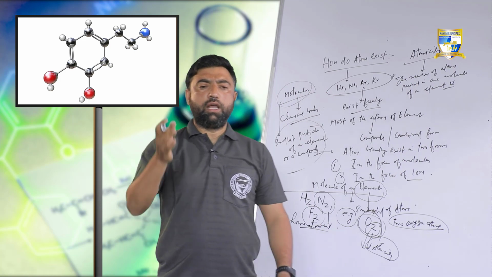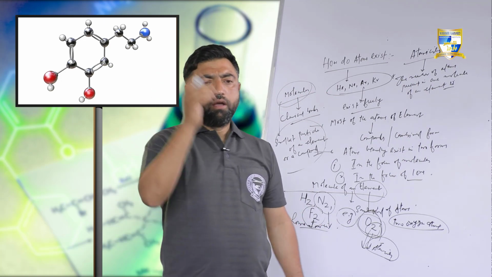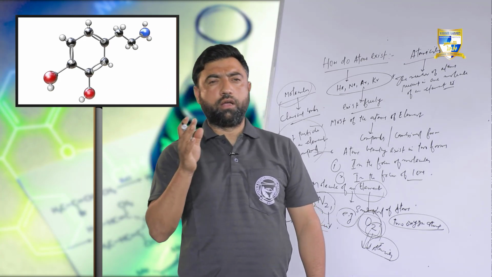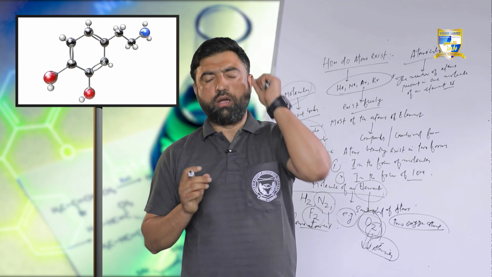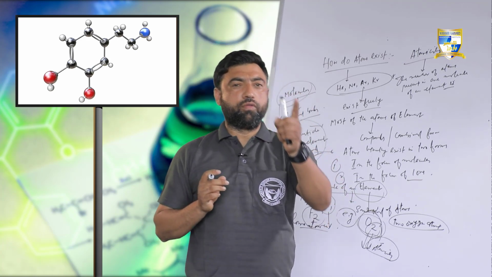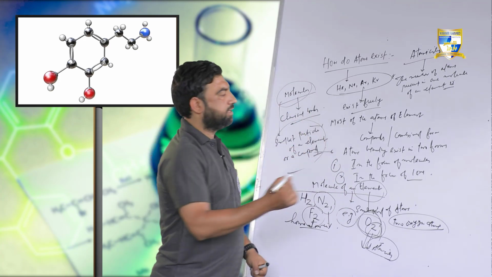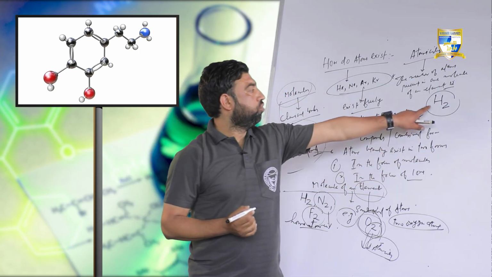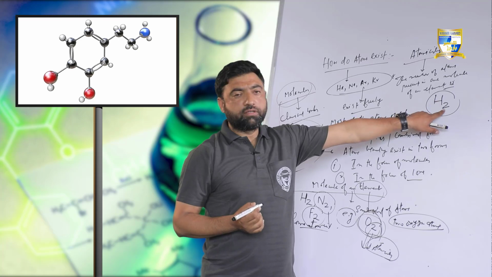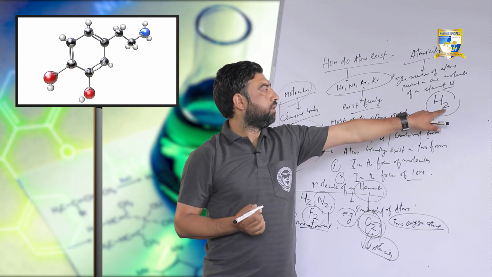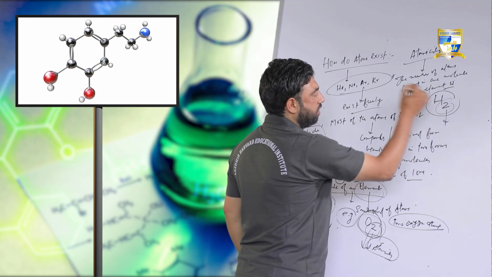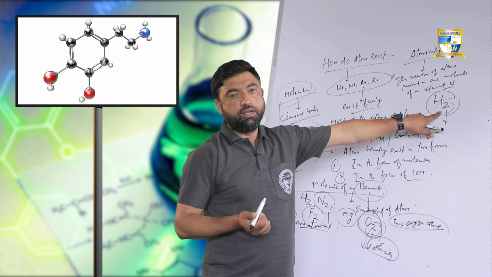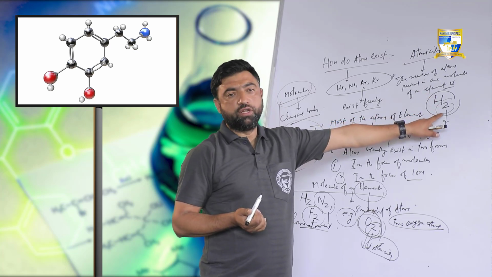Atomicity of an element is indicated by writing a number as a subscript on the right-hand bottom side of the symbol. For example, in H2, I have written the numeral 2 as a subscript. This represents atomicity, and it simply means this molecule is made up of two hydrogen atoms. So the atomicity of hydrogen is 2.